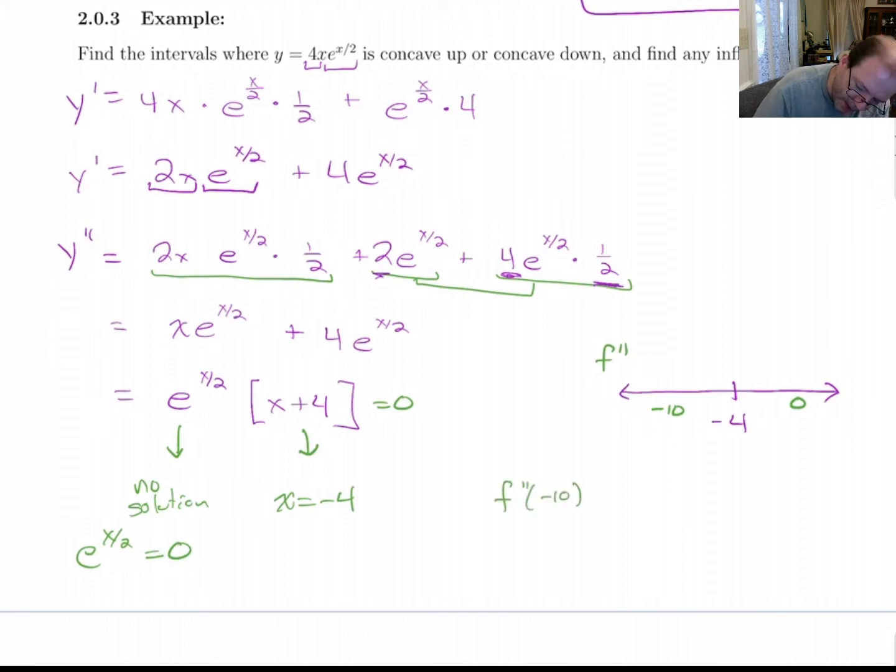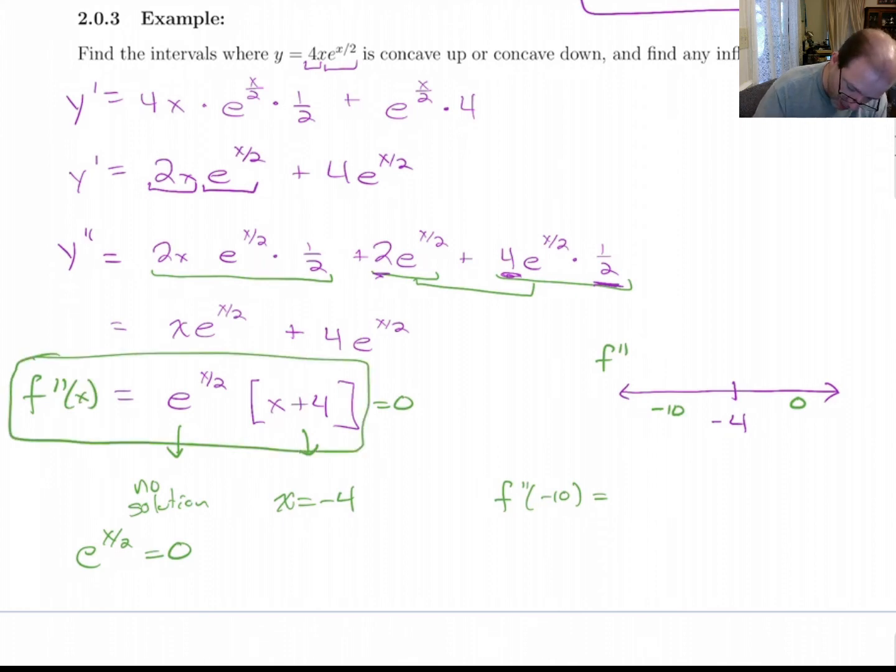All right, f double prime of -10. Let's plug into this version of it. That's going to be e to the -10 over 2 times -10 plus 4. So that's a positive value times a negative value.